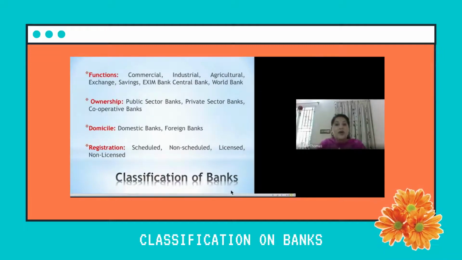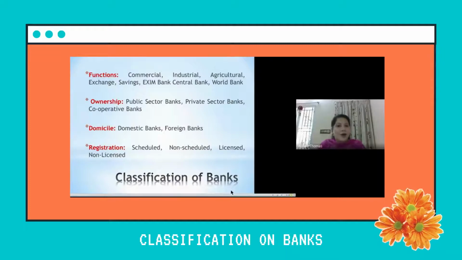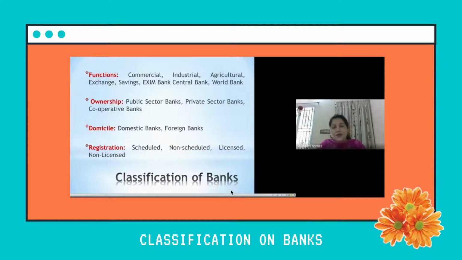Of course, they have a separate entity, a separate existence. But the majority of functions like commercial banking, agriculture sector lending, foreign exchange functions, are performed by almost all the major banks through different departments within their operations. That's how it has been happening within the Indian market.